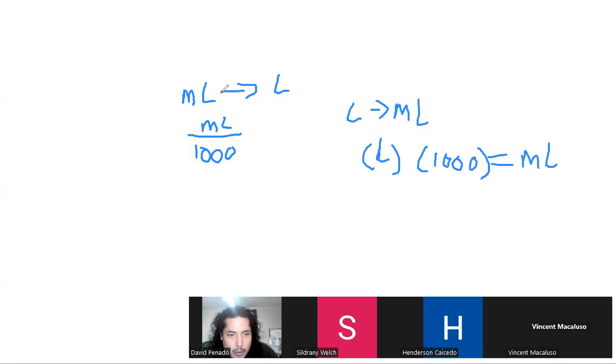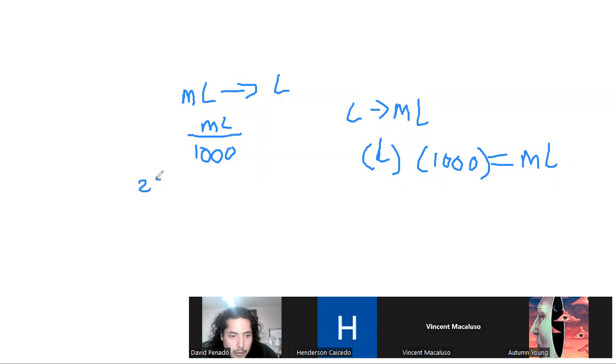This is the formula: milliliters to liters, milliliters divided by 1,000. Liters to milliliters, liters times 1,000, you get milliliters. An example would be, if we got 250 milliliters and you want to turn it into liters, we just divide by 1,000.